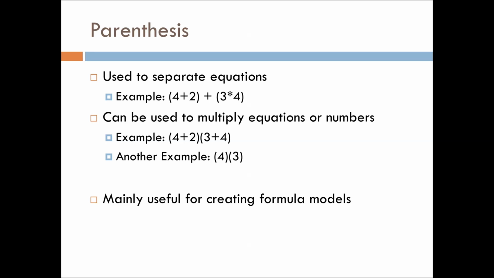Okay, so you can use parentheses as an implicit multiplication if you have them next to each other. For example, remove the plus sign in the example above. I removed the multiplication for 3 times 4 and had it 3 plus 4. So it's 4 plus 2, which is 6, times 3 plus 4, which is 7.